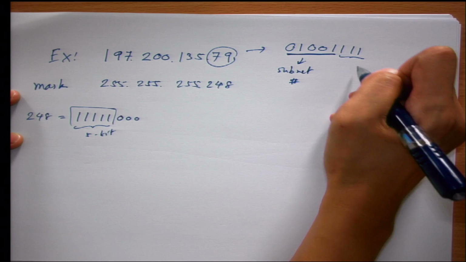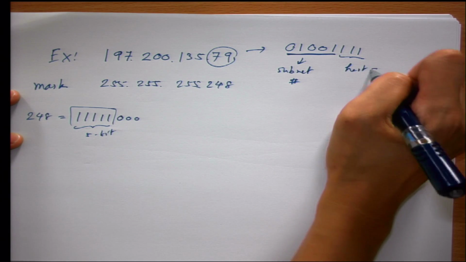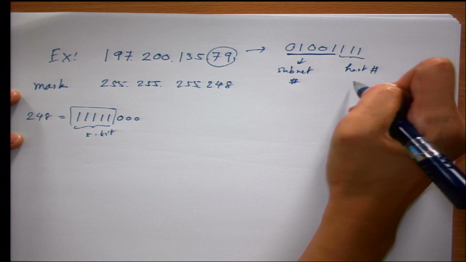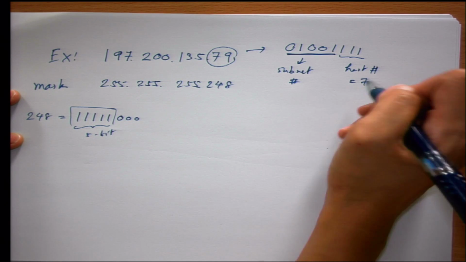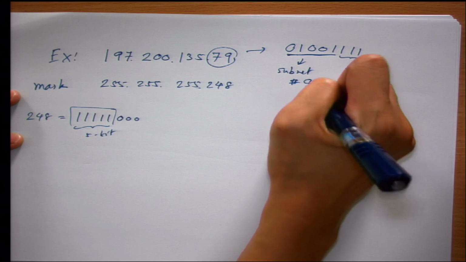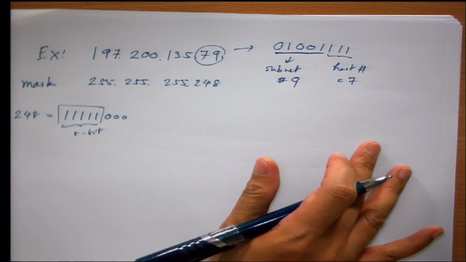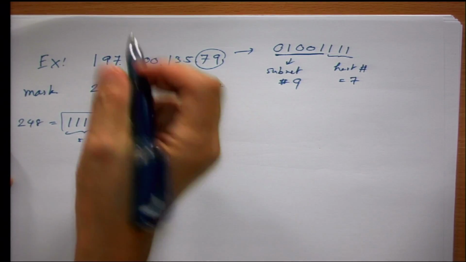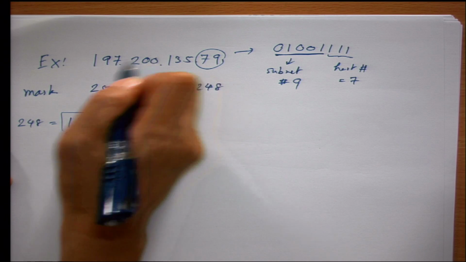The rest is the host number, so host number 7, right? What is the subnet number? 01001 is 9. So subnet number 9, host number 7 in this case. And this is the network, because this is class C, right?